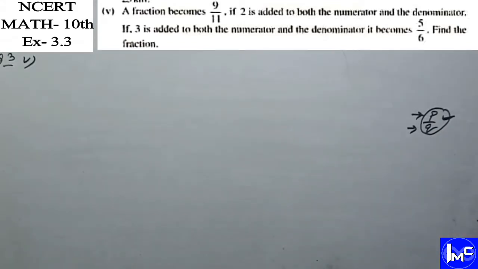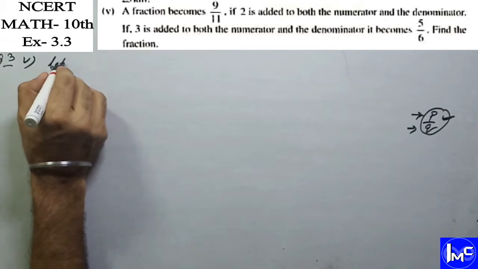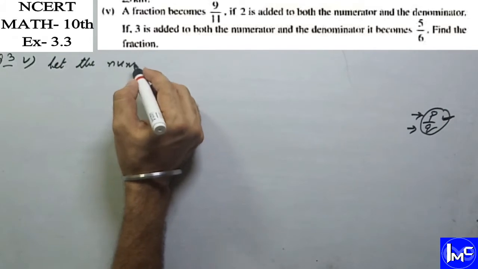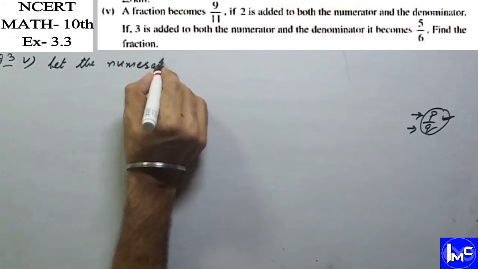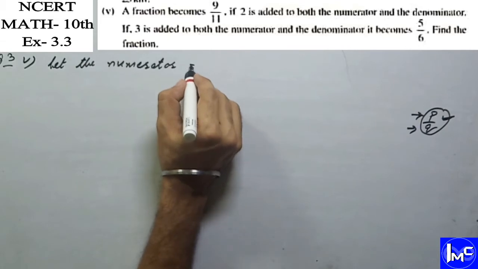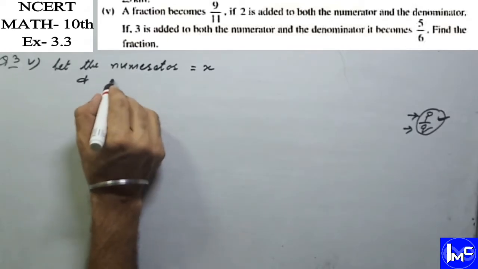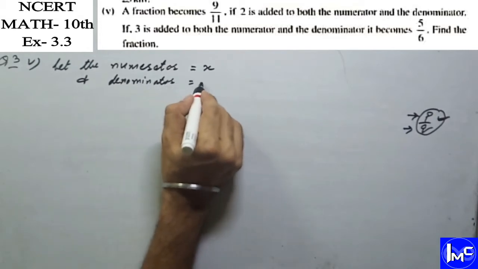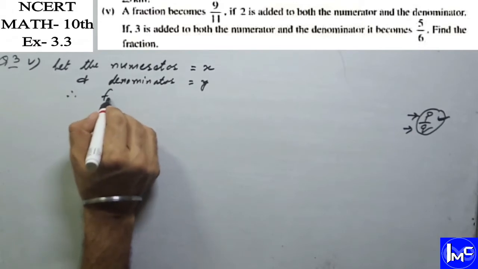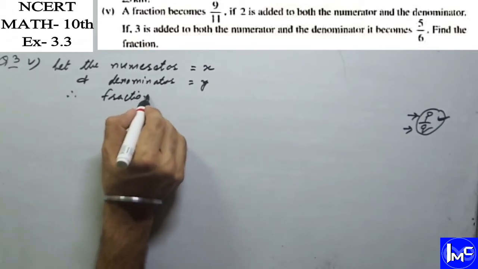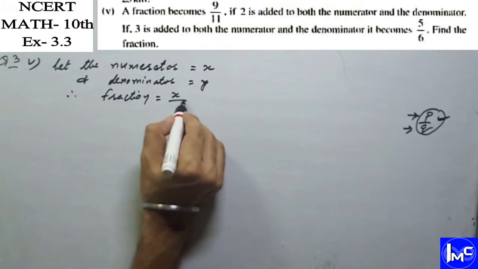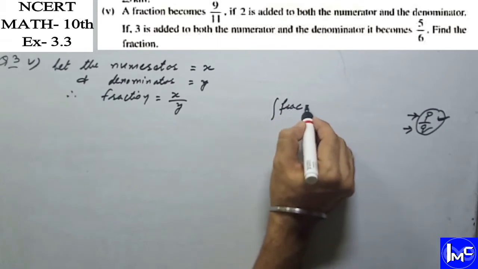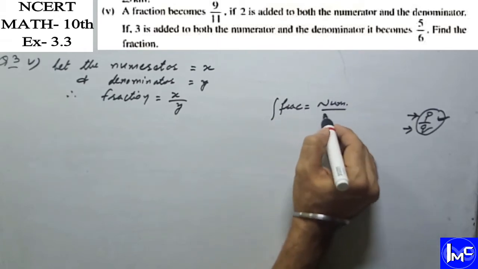These are two variables, and we will let the numerator is equal to x and denominator is equal to y, and therefore fraction will be x over y, because fraction is numerator over denominator.